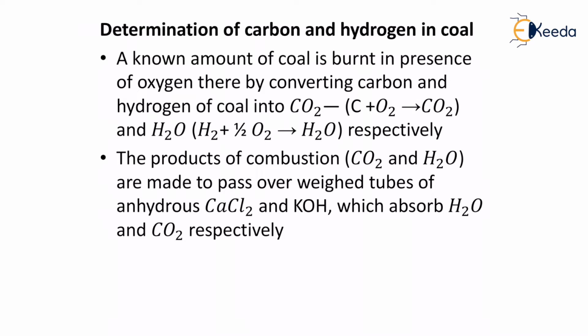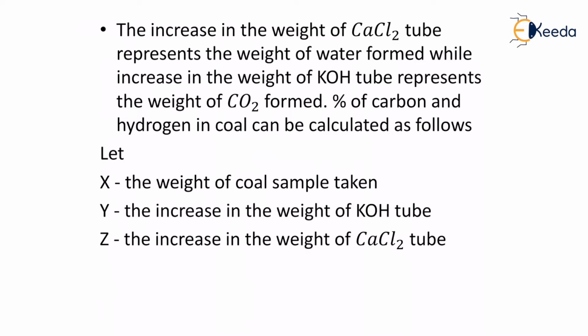The products of combustion, carbon dioxide and water, are made to pass over tubes of anhydrous CaCl2 and KOH, which absorb H2O and CO2 respectively. That means once this entire combustion process takes place and carbon dioxide and water are evolved, they are passed through CaCl2 and KOH, which absorb the H2O and CO2 respectively.